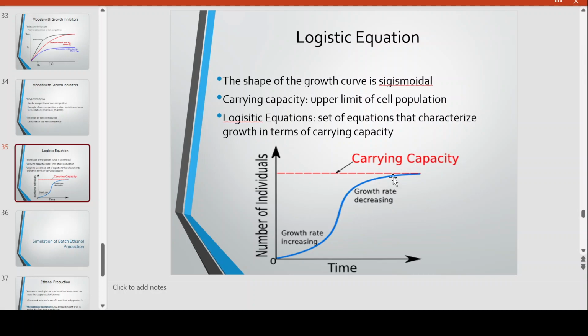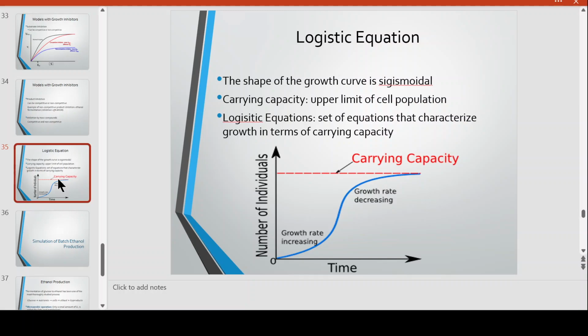The environment can no longer support that population, so the growth decreases until it becomes zero, or there is no longer a change in the population. It becomes stagnant. So this set of equations characterizes growth in terms of the carrying capacity, basically the ability of the environment to accommodate that number of individuals.